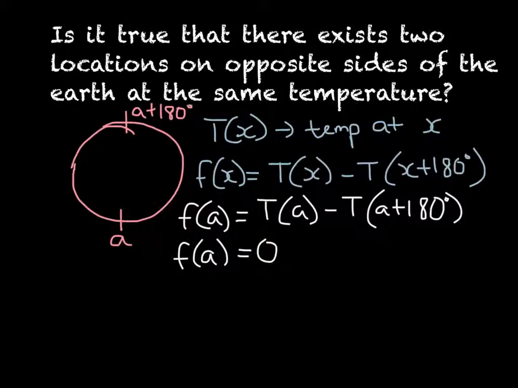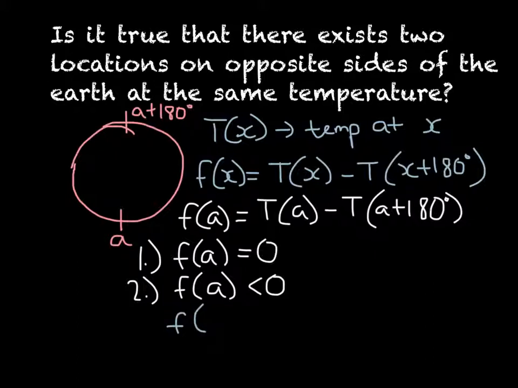or case 2, f of A is less than 0, meaning that the temperature at this point is greater than the temperature at that point. In case 2, what we can now do is plug in the hotter point into our equation.